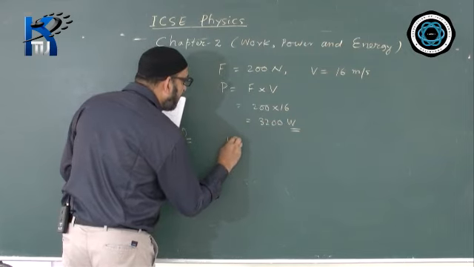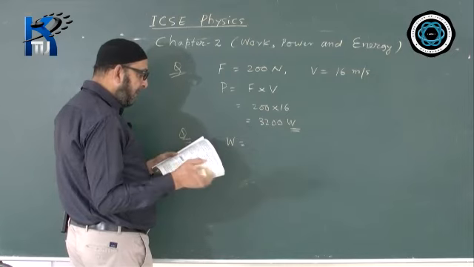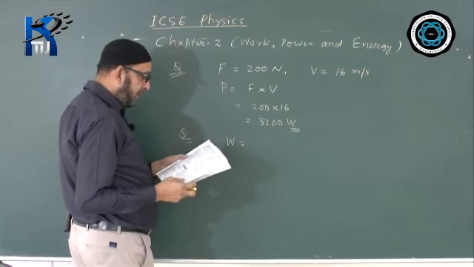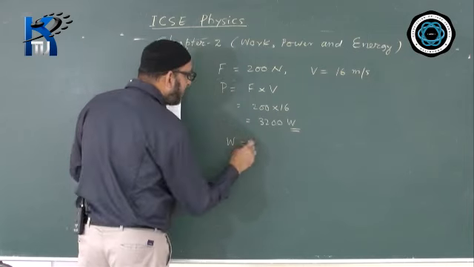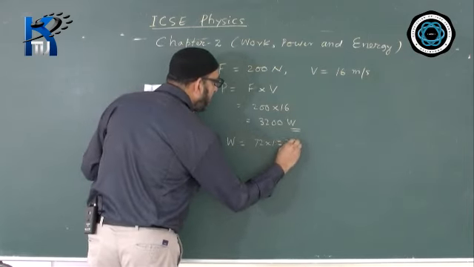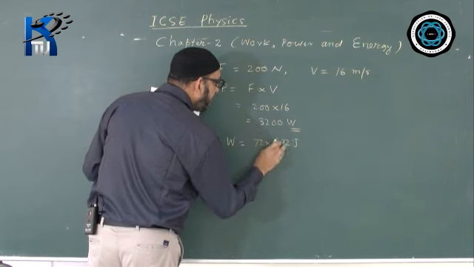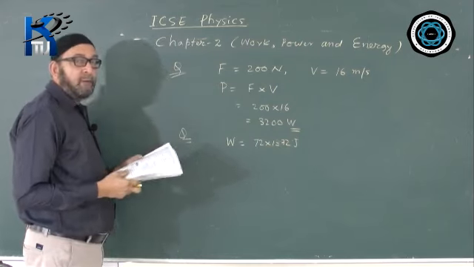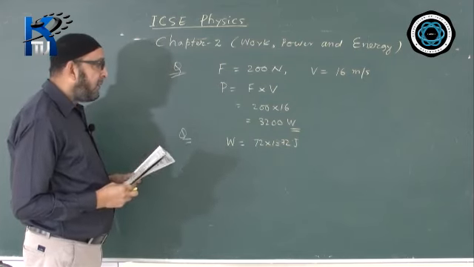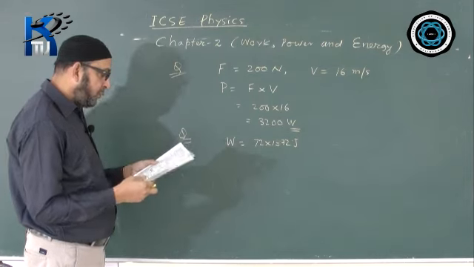So write work done first, write W. In 1 beat 1 joule is the work done. So there are 72 beats. That means the total work will be 72 into 1, that means 72 joules. Total amount of work done by the heart in 72 beats will be 72 joules.